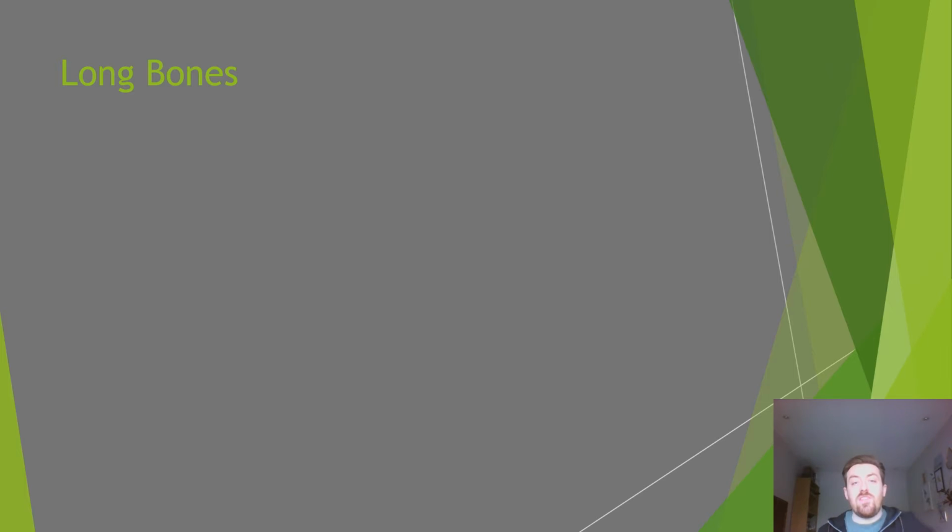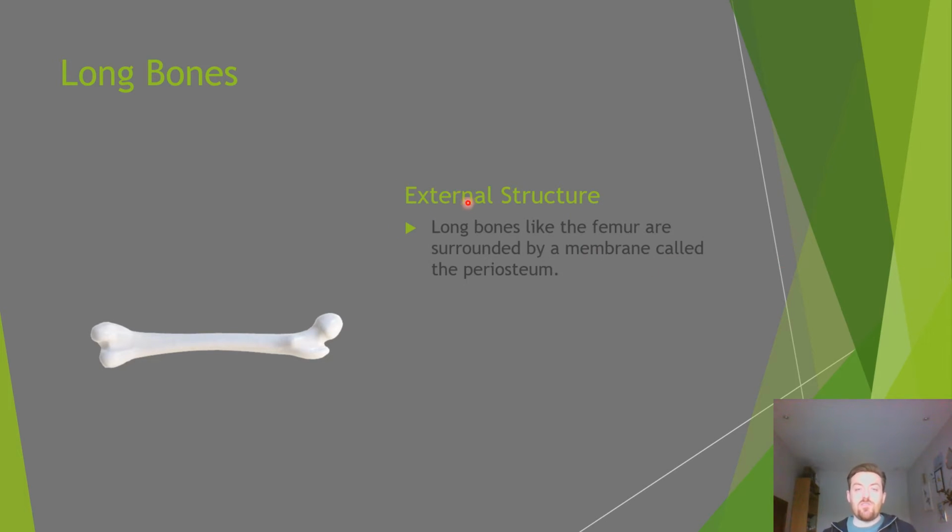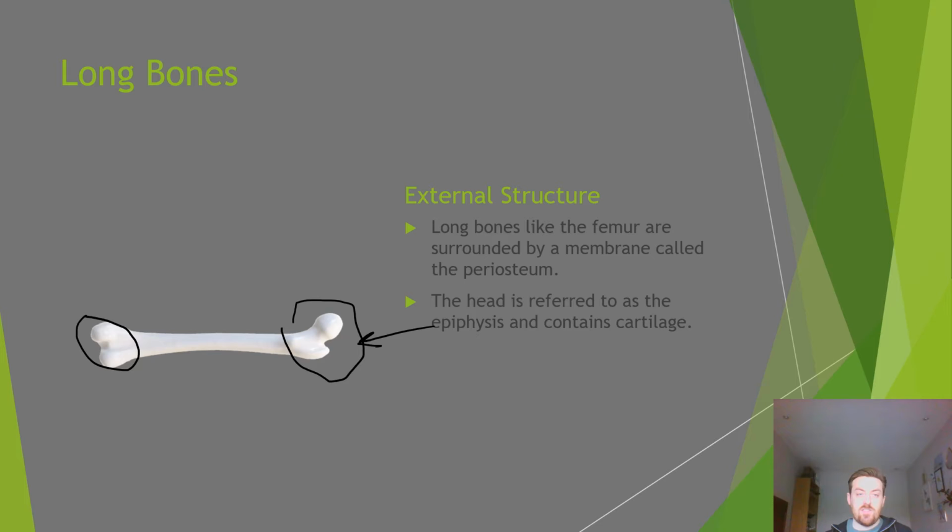So long bones then, here's an example of a long bone. So the external structure, long bones like the femur are surrounded by a membrane called the periosteum. All right, so that white, the kind of typical white thing that you see, that's your periosteum there. All right, and the head is called the epiphysis. All right, so if I was to draw this section here is an epiphysis, as is this section here.